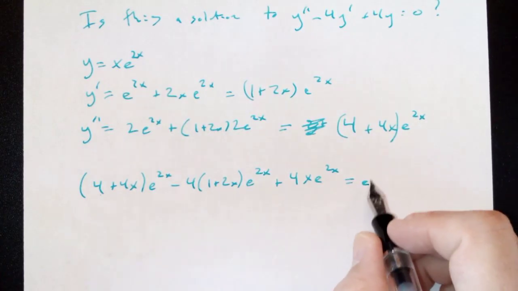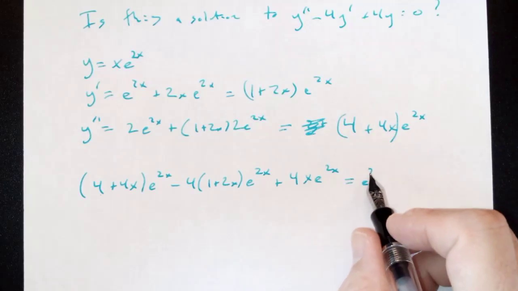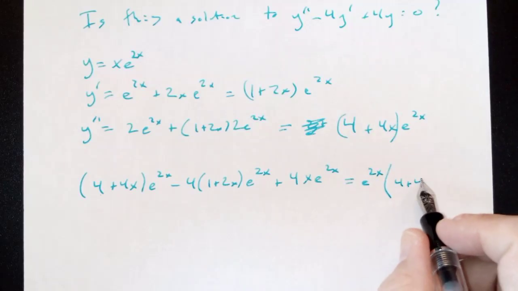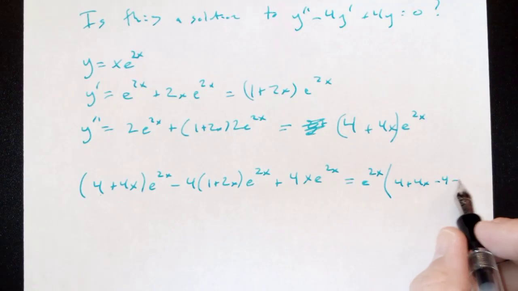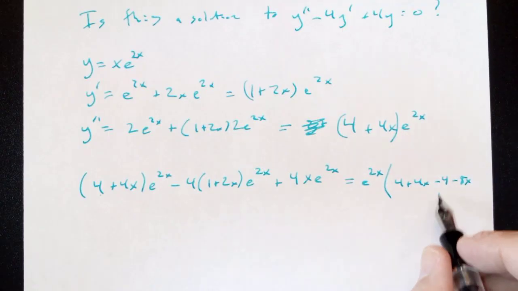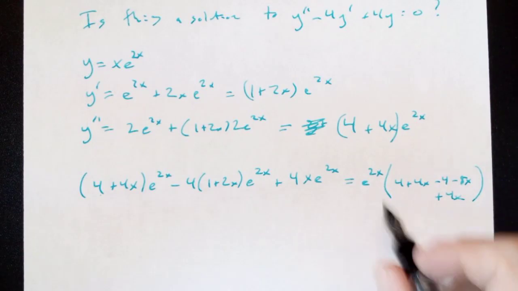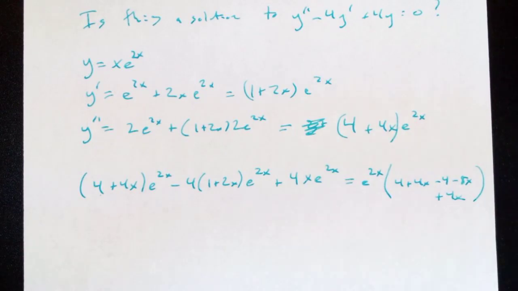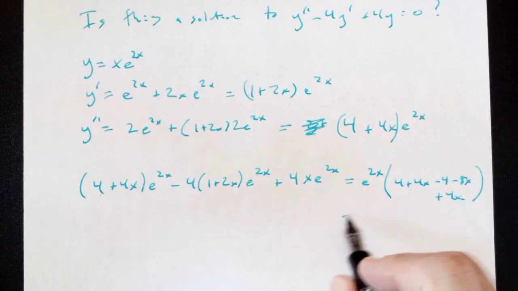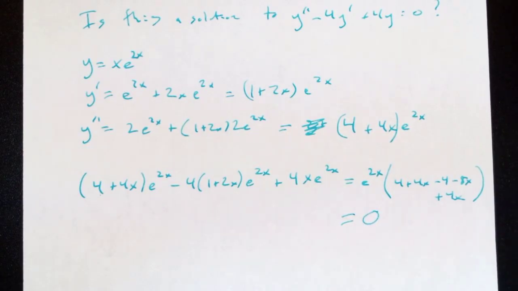I can factor out the e to the 2x out of everything. 4 plus 4x minus 4 minus 8x plus 4x. What happens there? Four minus 4, 4x plus 4x minus 8x. Poof. I found a second solution. Given one, I was able to build another.